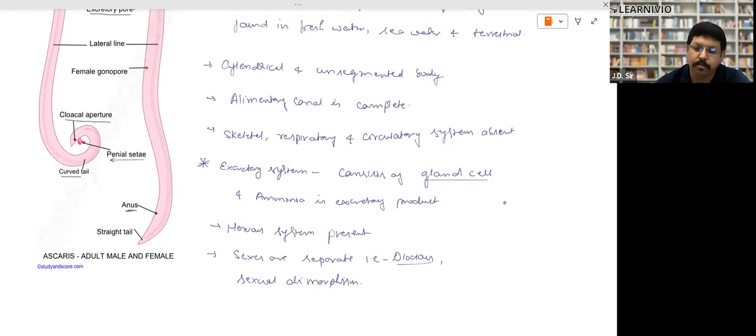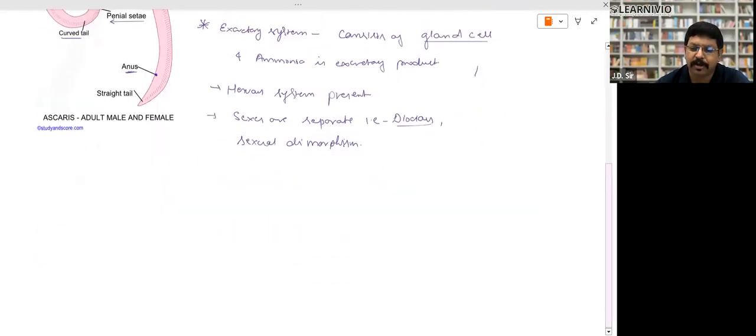And this animal name is Ascaris lumbricoides.